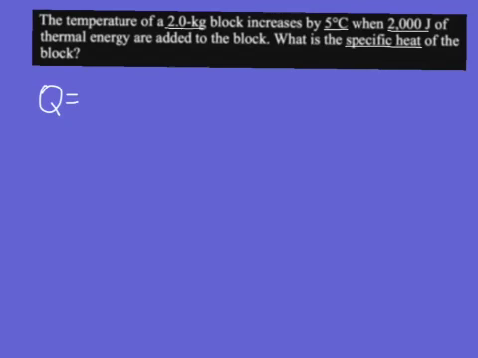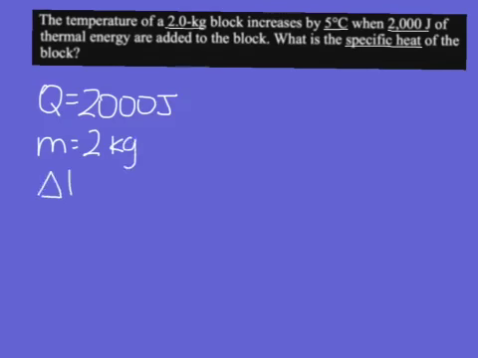Q, which is the thermal energy, is 2,000 joules, and the mass is 2 kilograms. The change in temperature is 5 degrees Celsius, and then C, which is specific heat, is what we do not know and what we want to find.